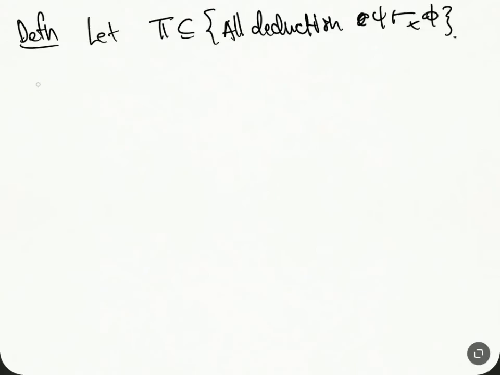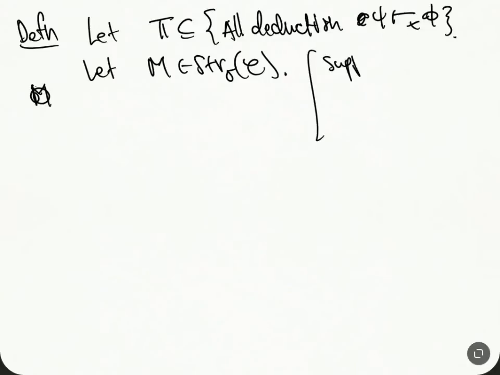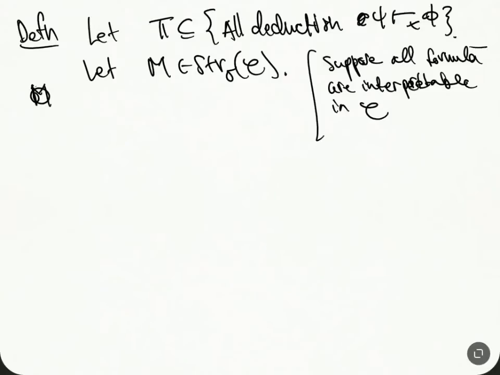M is going to be a structure for this category. And again, we suppose all formulas are interpretable in the category C.